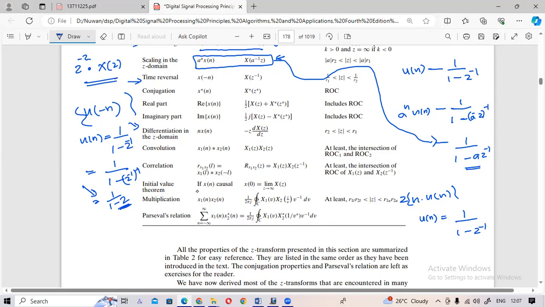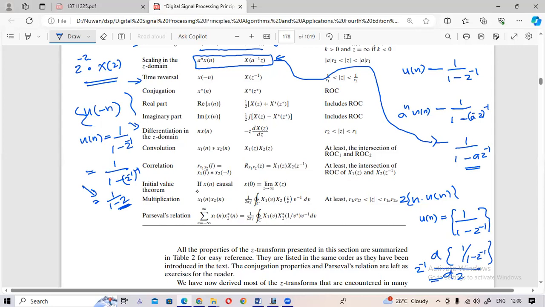You have to differentiate 1 over 1 minus z^-1 with respect to z. This is a division, so you can differentiate the division, then multiply by minus z. So you will have the answer. I think you can understand this one by yourself.